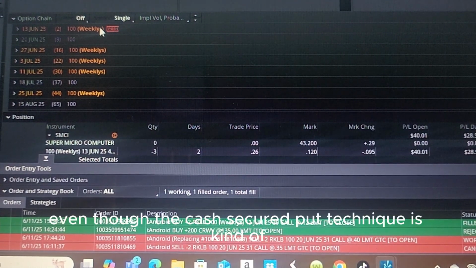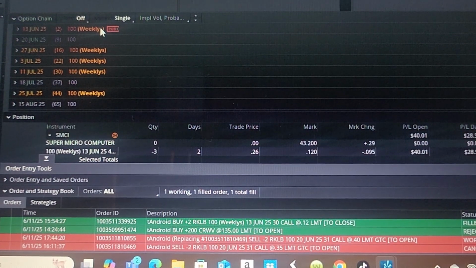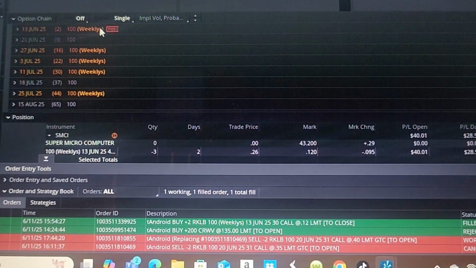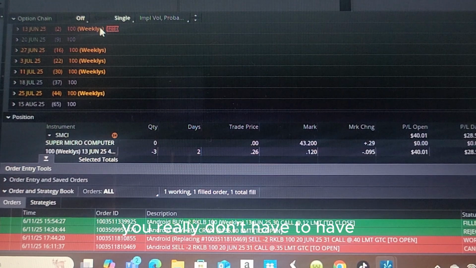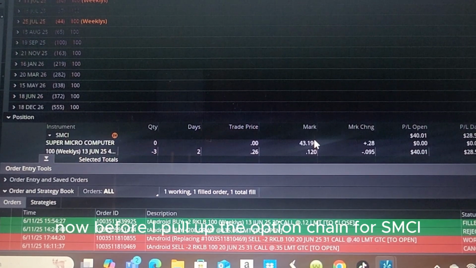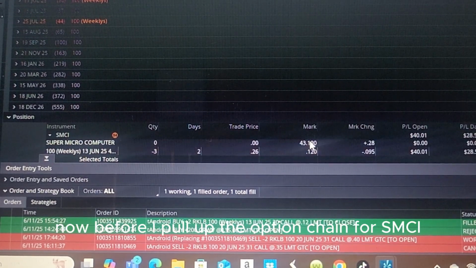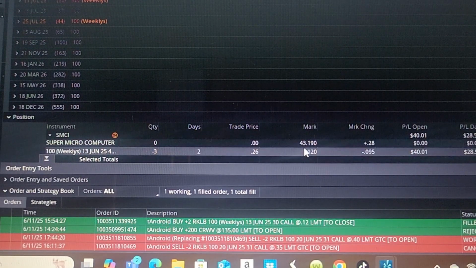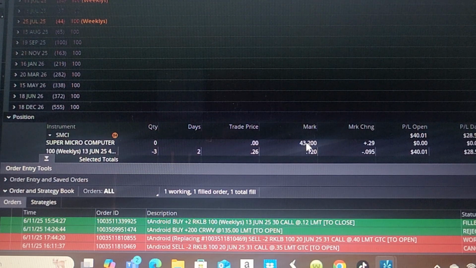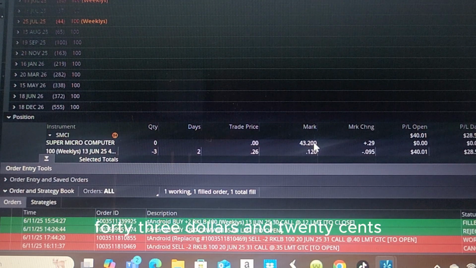Now, even though the cash secured put technique is kind of capital intense, I wanted to show that you really don't have to have more than $10,000 in your brokerage account. Now, before I pull up the option chain for SMCI, this is where it closed at the close of the day, $43.20.